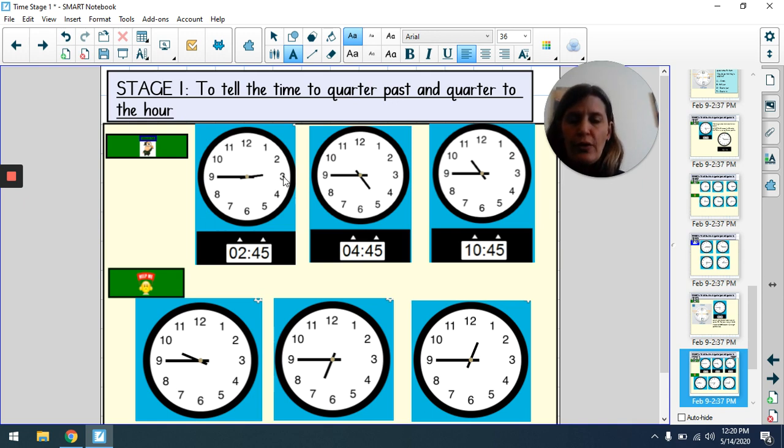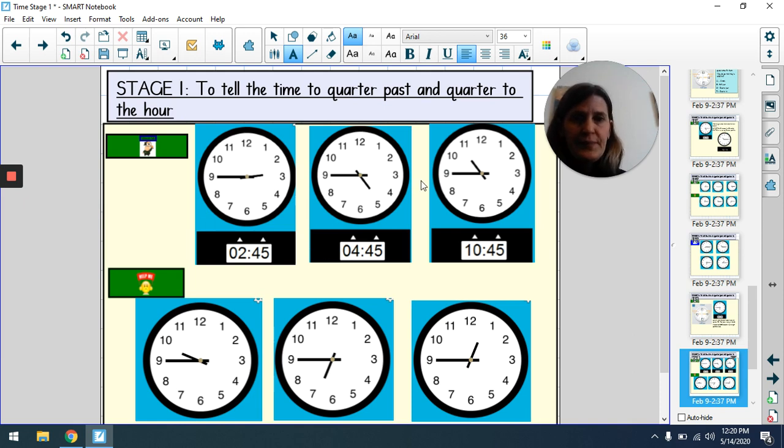It's not quite on the 3 yet, so it's going to be quarter to 3. I look at my minute hand and it's on the 9, so I say it's quarter to 3, or 2:45. The last o'clock time would have been 2 o'clock, and it's been 45 minutes since it was 2 o'clock, so 2:45.